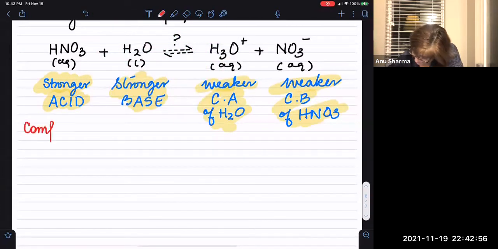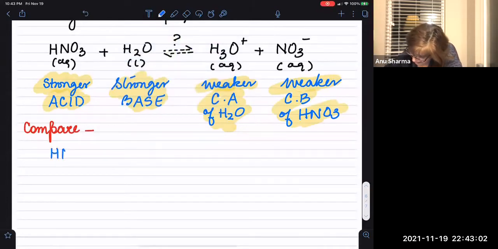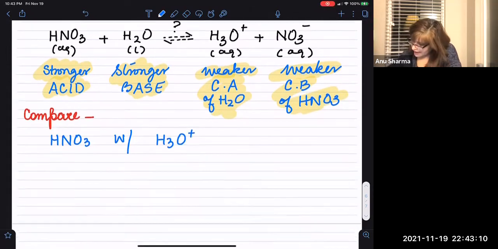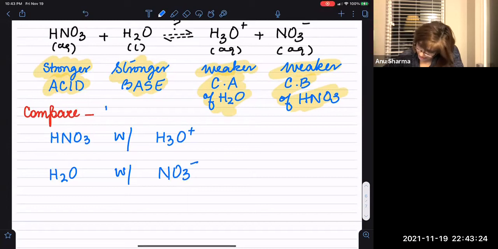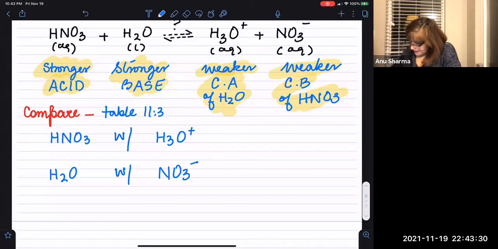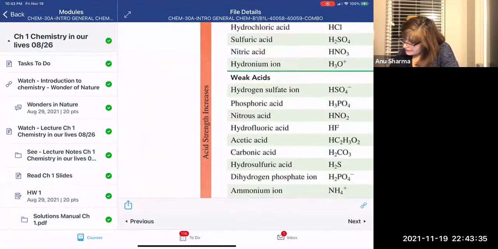Compare HNO3 with H3O plus, and compare H2O with NO3 minus. So, Table 11.3 in the handout, HNO3 and H3O plus.